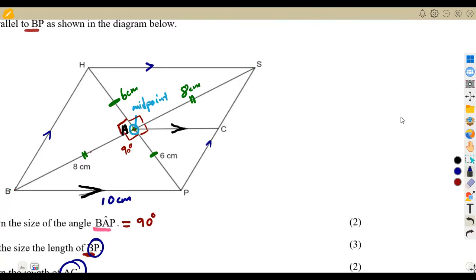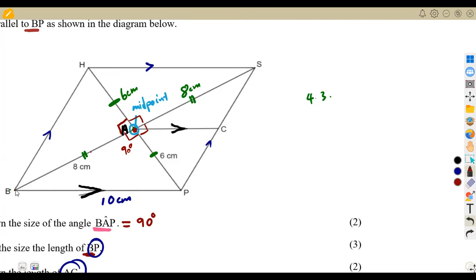What is happening on the point AC? This is question 4.3, from A to C, this one. Remember, we said these sides, they are parallel. HS, AC, and BP, all these sides are parallel to each other. But they are not just parallel. If we consider the condition that is happening here, that A is the midpoint, this point here.